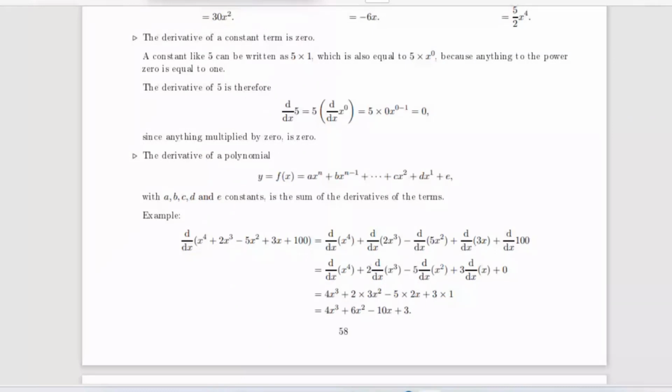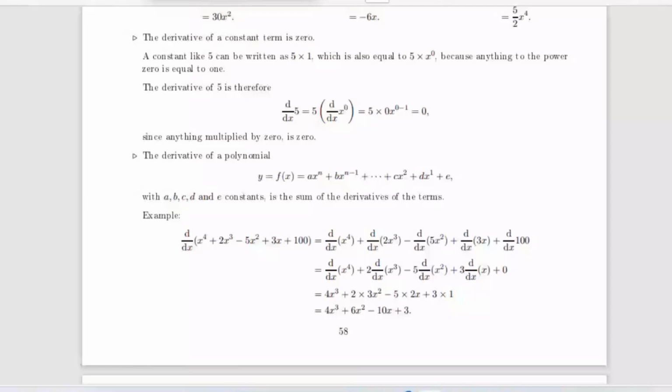Did you do that? Yes, sir. You wrote x to the power 1. First of all, you and I need to agree on something. Do you agree that x is equal to x to the power 1? Yes, that's exactly what I said. So there's a power 1 which is not mentioned. So now that's why I'm mentioning it. So x is the same as x to the power 1.